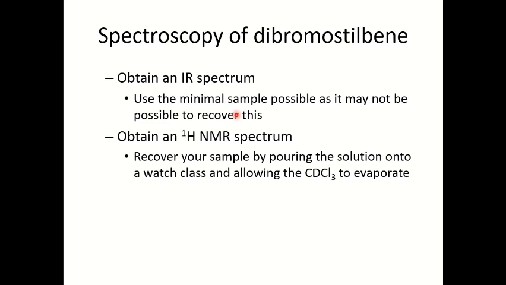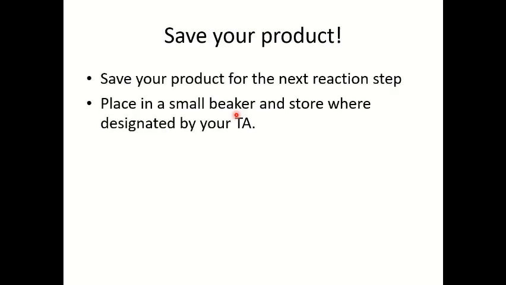And in the case of the NMR, you can recover your sample by pouring the solution onto a watch glass and allowing the chloroform, deuterated chloroform, to evaporate, since it's a volatile solvent. Of course, you need to save your product for the next reaction step, and that's it.